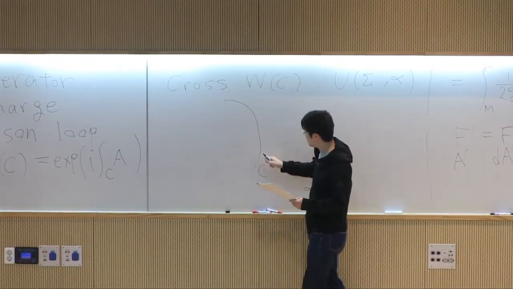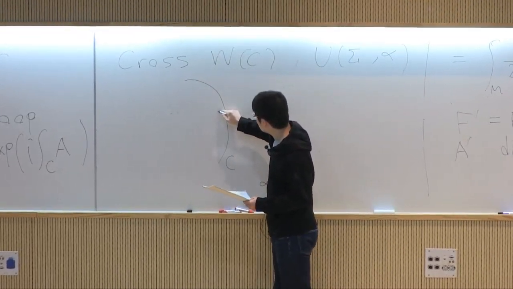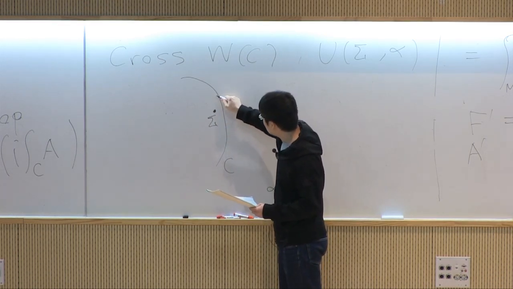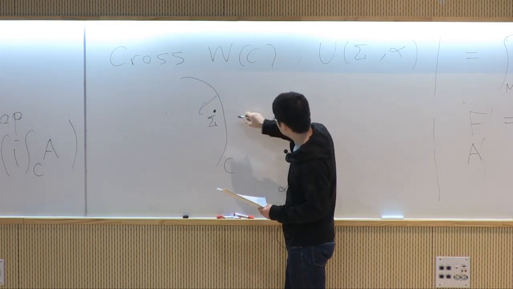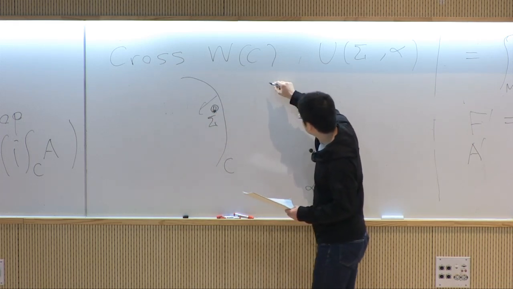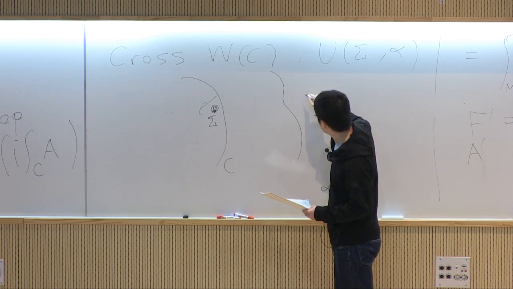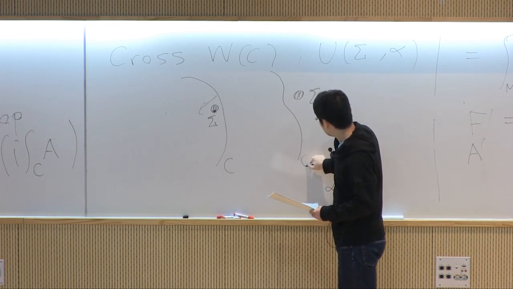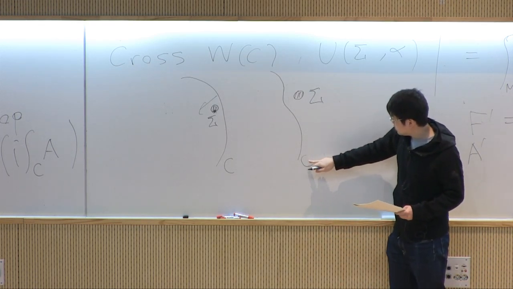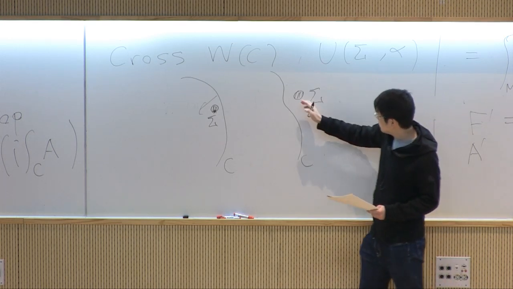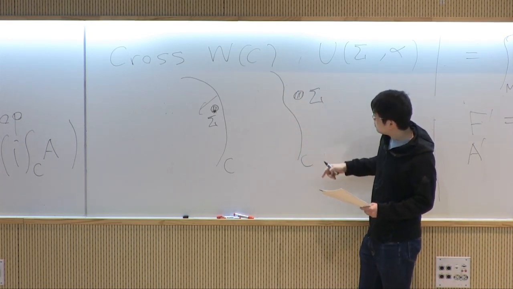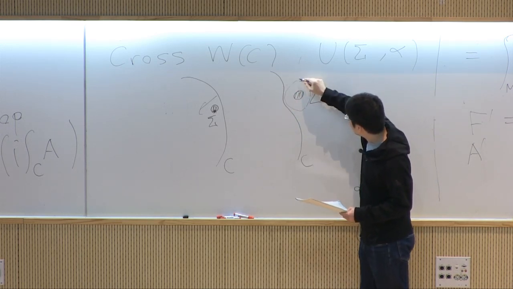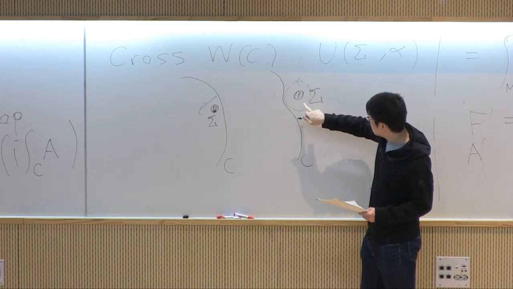Suppose this curve is C, and suppose we have a Gukov-Witten operator here. If we slightly deform the curve and then cross this operator, then by the definition of the Gukov-Witten operator, we pick up a holonomy around this sigma.